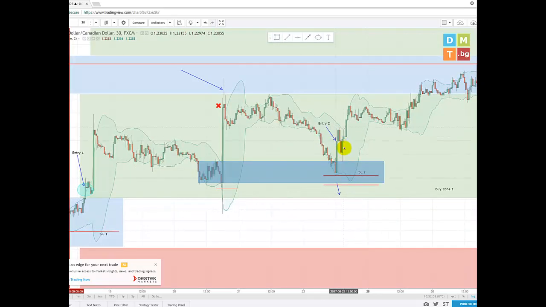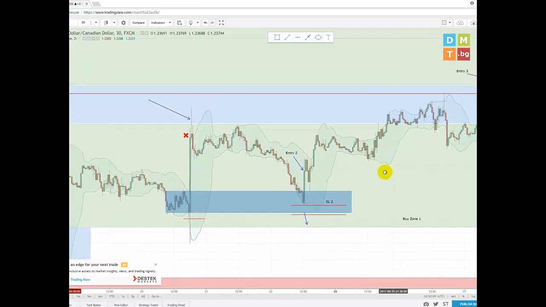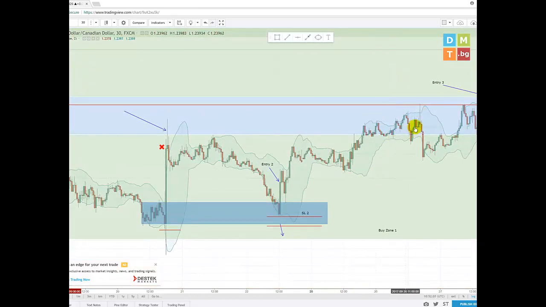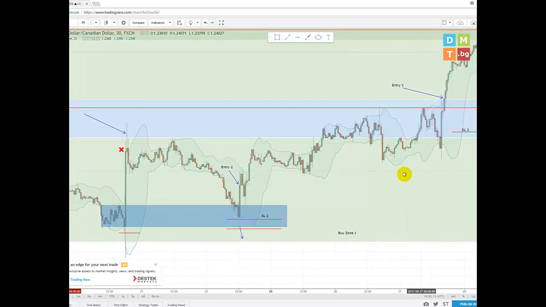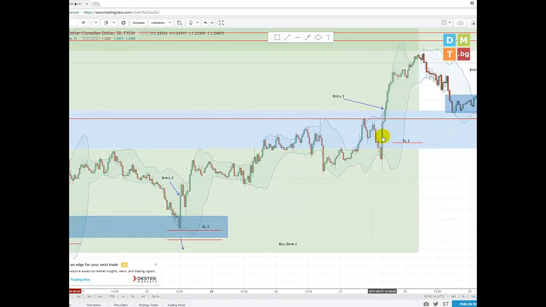As we can see, after the break, the price kept moving up, went back up again to that resistance area, but it stayed close to it, after which it broke it with three nice bullish candles. The third one, not only that it broke out of the resistance area, but also opened up the Bollinger Bands again, entering a new phase.